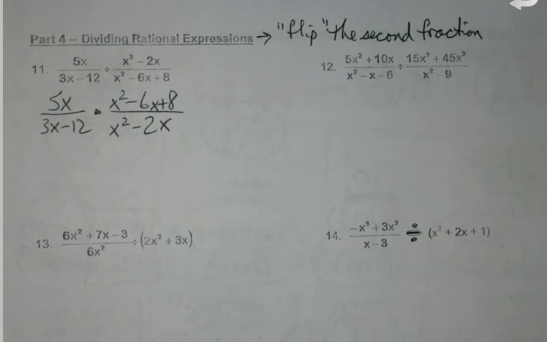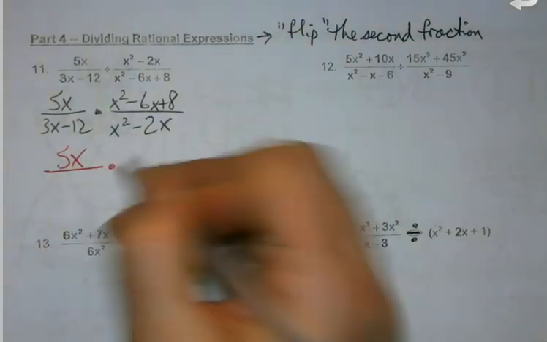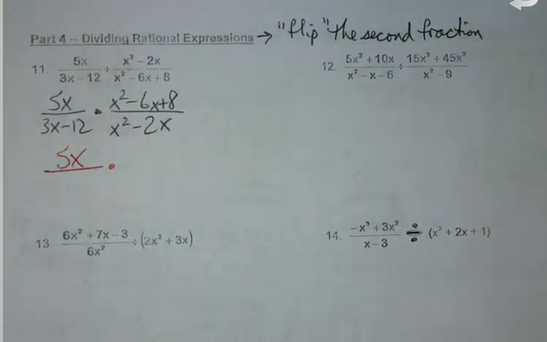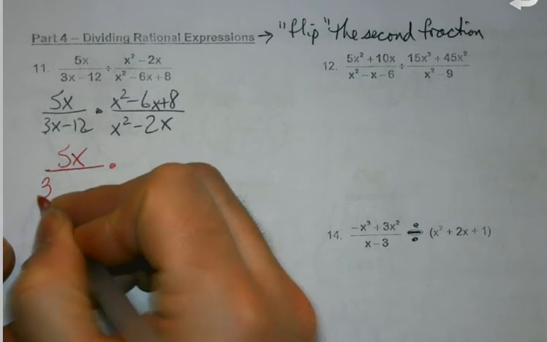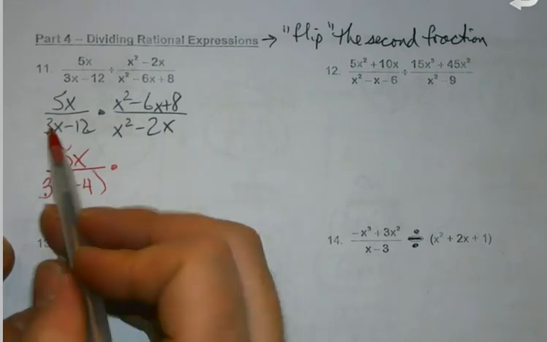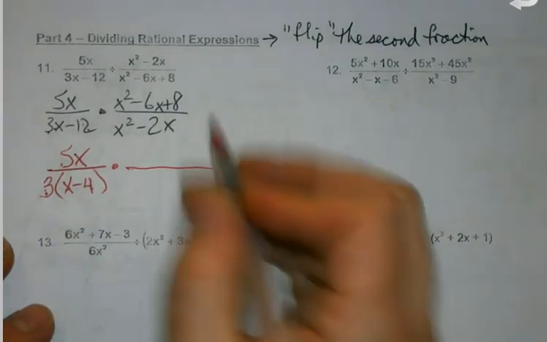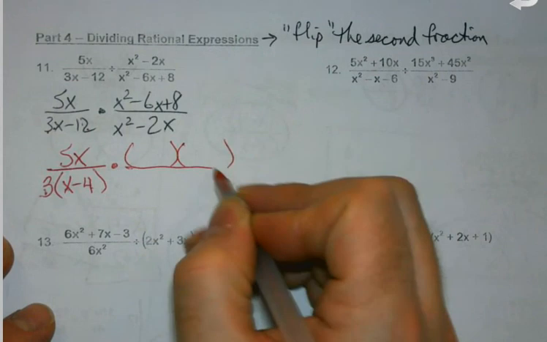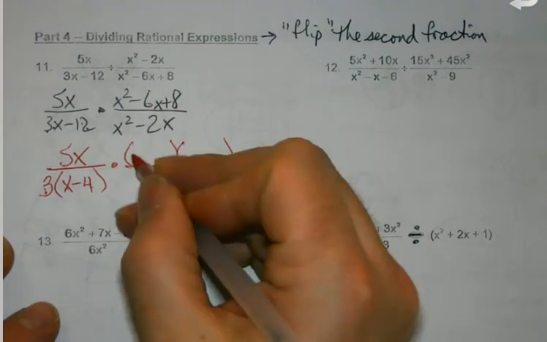So once I get that rewritten, now I can dive in and actually start doing something. Can't do anything to the numerator of the first fraction. Can I do anything to the denominator, though? I can take a 3 out of those. And then I've got x minus 4, because 3 times x is 3x, 3 times negative 4 is negative 12. And it looks like that top is factorable. We're looking to multiply to 8 and add to negative 6.